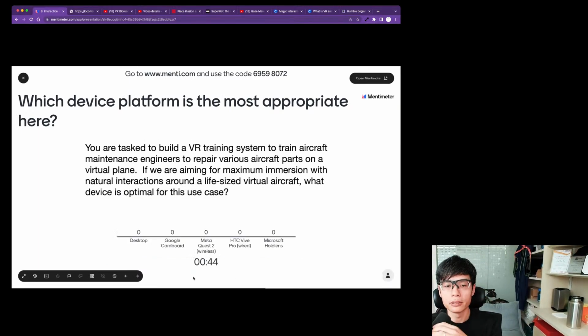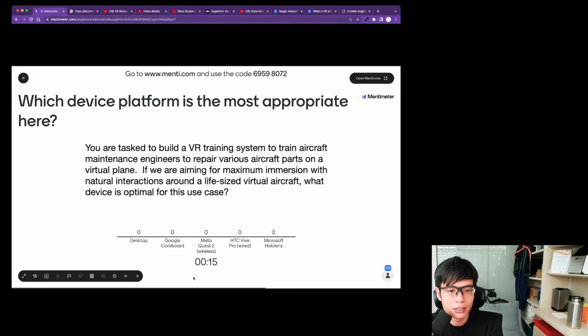Okay, now a few questions on hardware devices. The use case being depicted over here is a VR training system for aircraft maintenance engineers, aiming for maximum immersion. This means the company has unlimited resources and a good amount of money to spend on this.